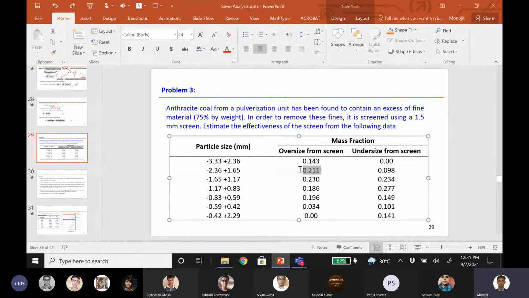If I say that it's 21.1%, then 21.1% of the entire mixture that you get from the oversize has a particle size which is smaller than 2.36 but bigger than 1.65. Is that a right statement?